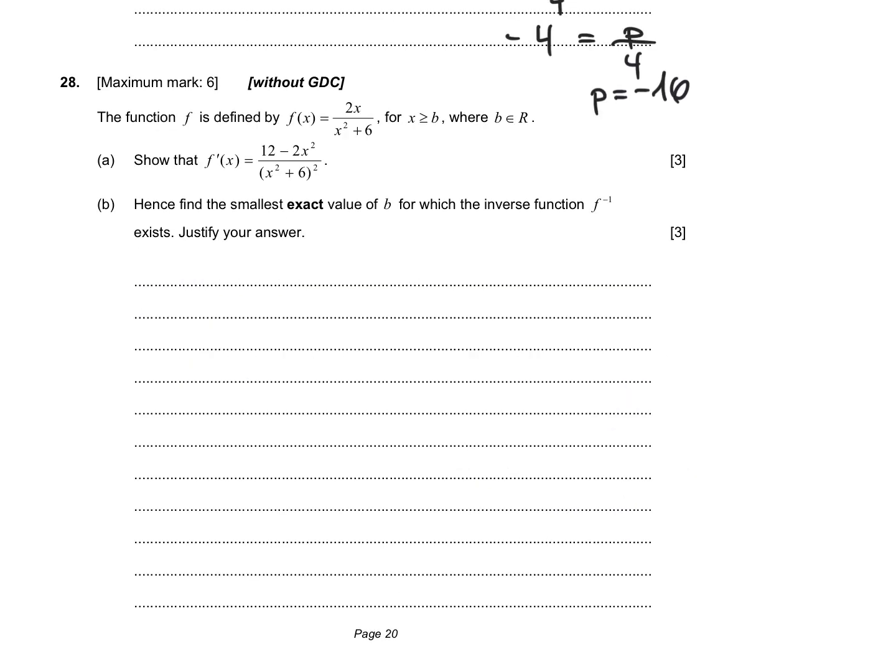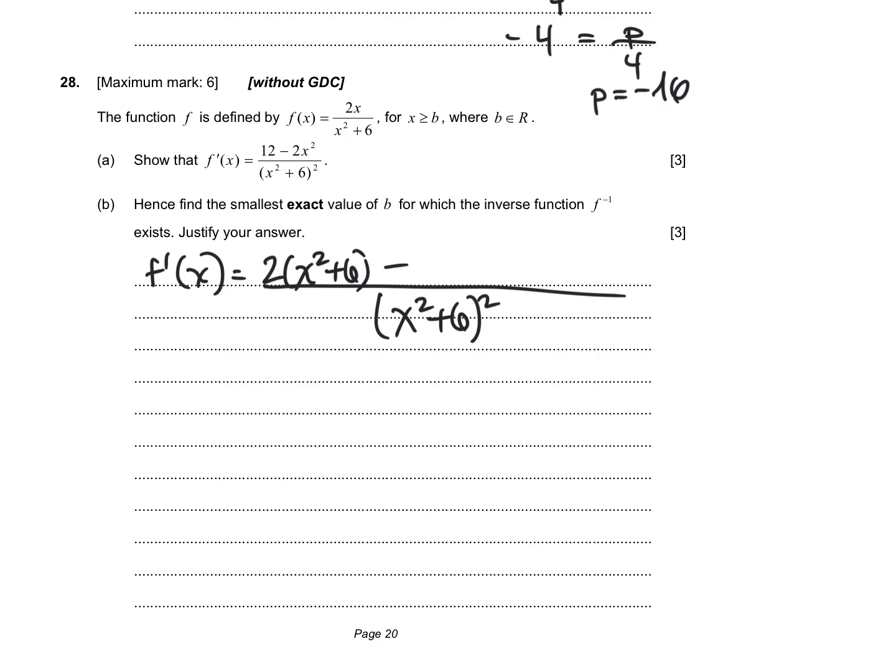Okay, this is the function, x greater than or equal to b. Show that f prime is that. So we are going to have v and v squared on the bottom. All right, so v times the derivative of u minus u times the derivative of v.